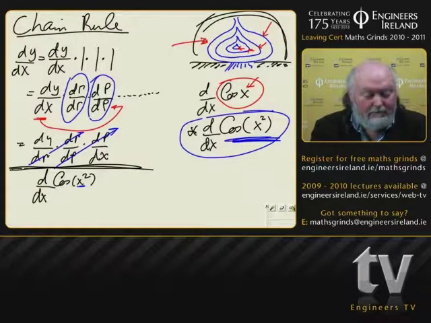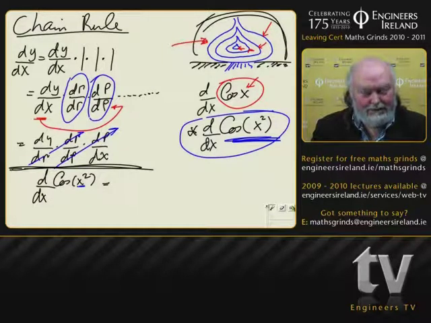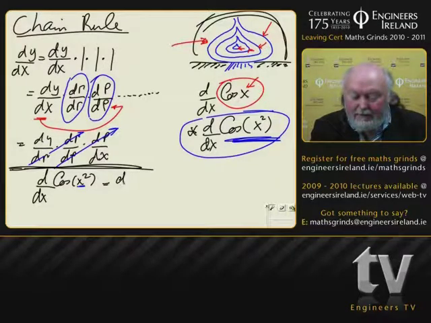We're saying, I can't get the d dx of cos r, but I can certainly get the d dr of cos r. So we'll say that the d dr of cos r is minus sine r.